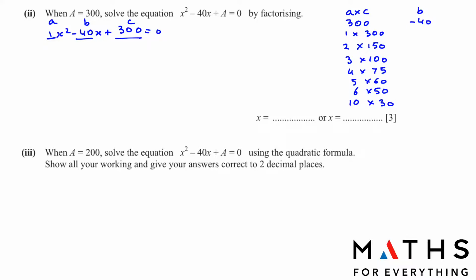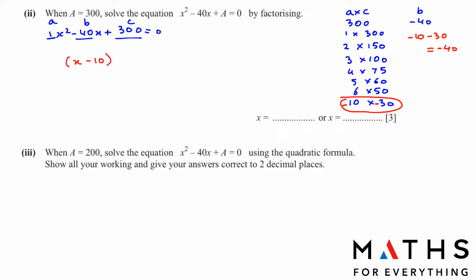Whenever you get a fraction, don't use it. You can clearly see that the numbers that can give us 40 are 10 and 30. So I need it to be negative. So negative 10 multiplied by negative 30 is 300, and negative 10 added to negative 30 gives negative 40. So these are my two factors.